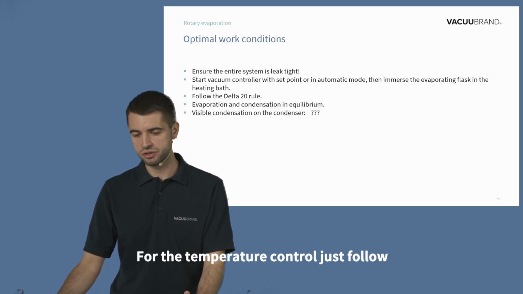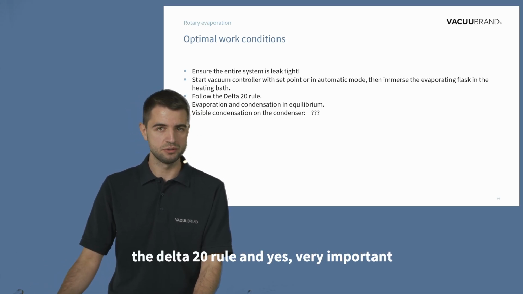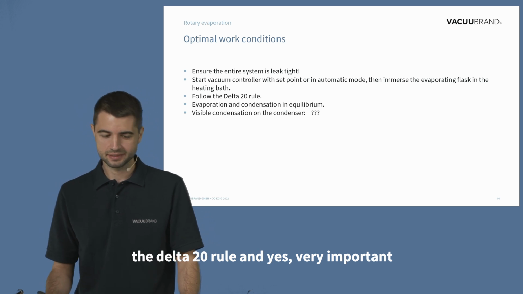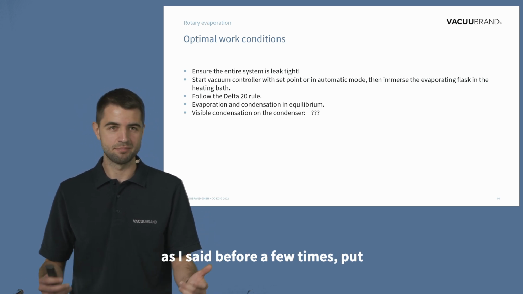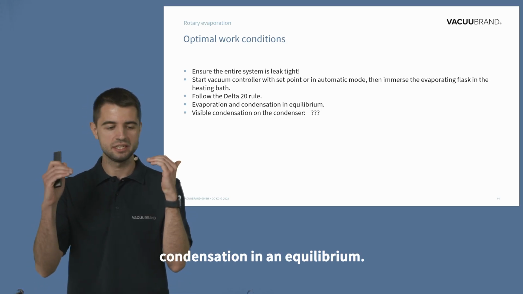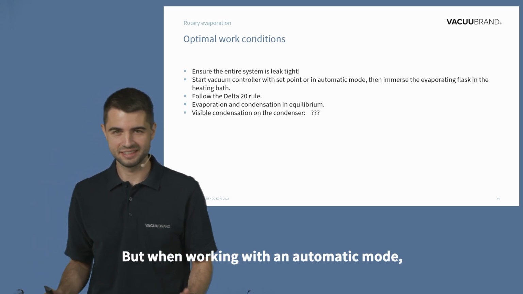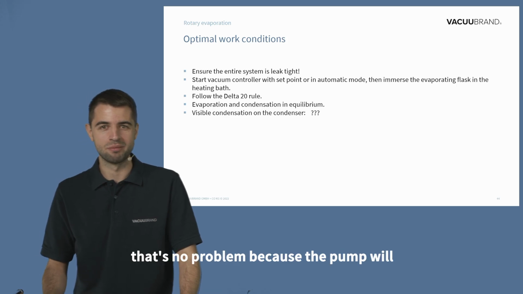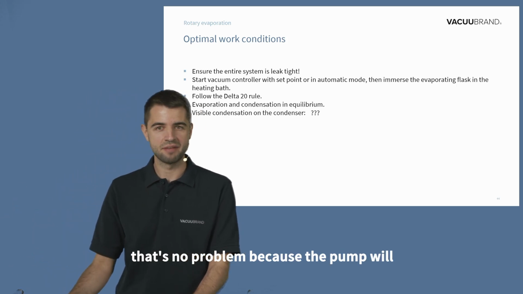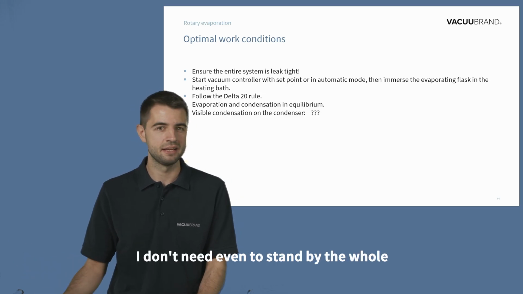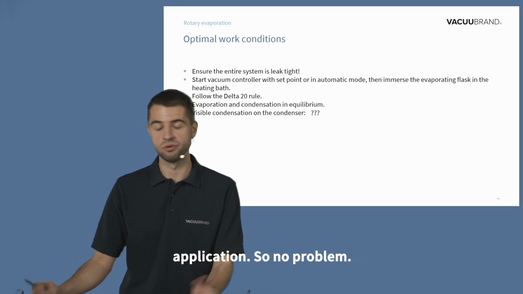For the temperature control, just follow the delta 20 rule. And yes, very important, as I said before a few times, put evaporation and condensation in an equilibrium. But when working with the automatic mode, that's no problem, because the Vario pump will do all the thinking for me. I don't even need to stand by the whole application, so no problem.